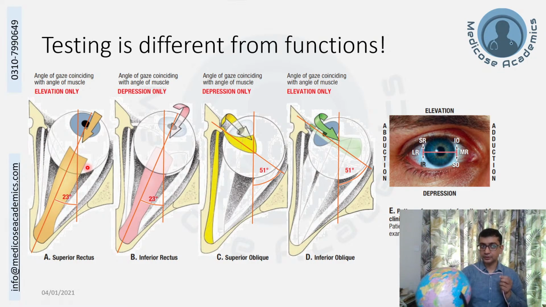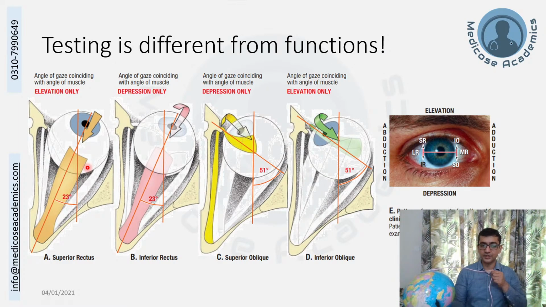So when looking laterally, the chief elevator will be superior rectus, because now the anteroposterior axis of the eye is parallel to the length of the muscle.